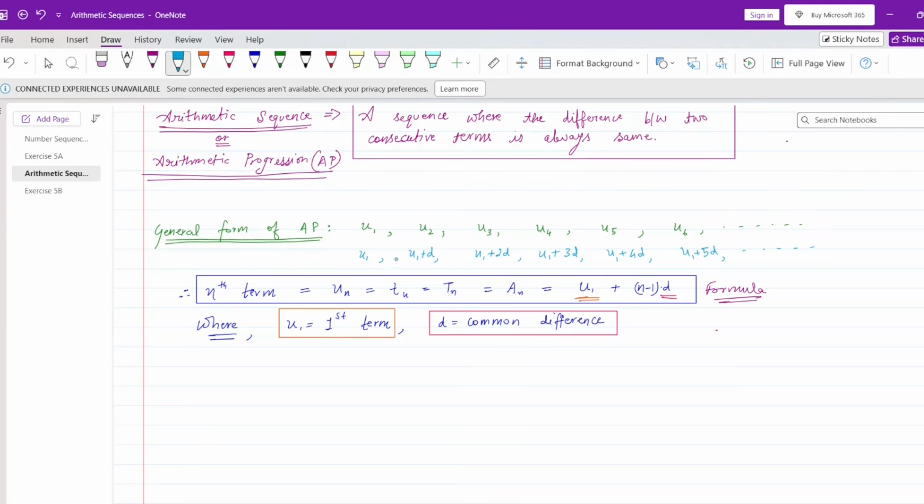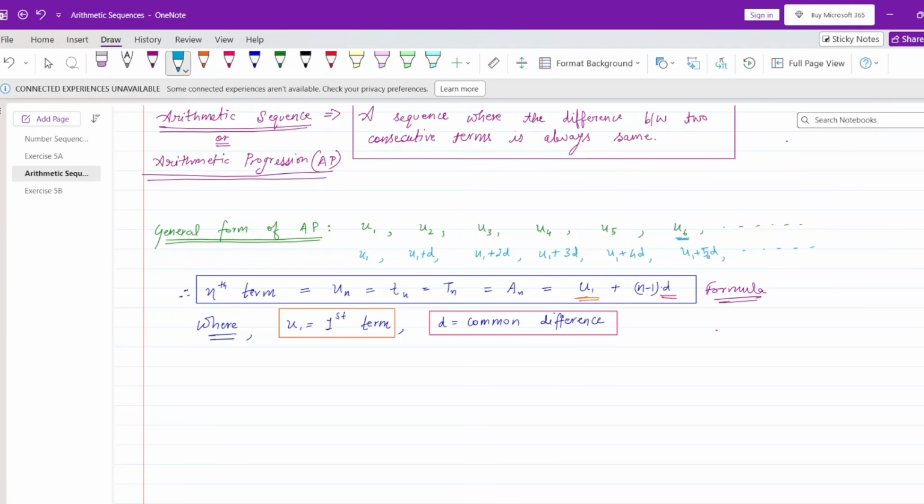So if we consider this generalization, we can simply say the nth term of this arithmetic progression, un or tn or capital Tn or capital An, can be written as u1 plus (n minus 1) times d. Considering u6, n is 6, so we have 5 multiplied with d.